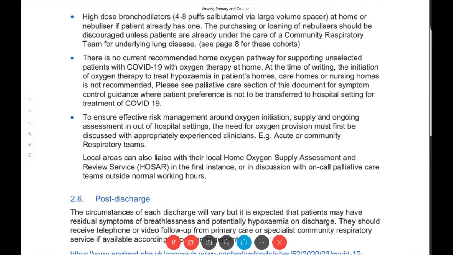We have a more full section on how we safety net and monitor patients at home in the next iteration that's going to be published on Tuesday. So at the moment, what we are saying is that if you are sending a patient home from a hot zone or a hot hub, you need to make adequate provisions for continuing monitoring of the patient somehow.